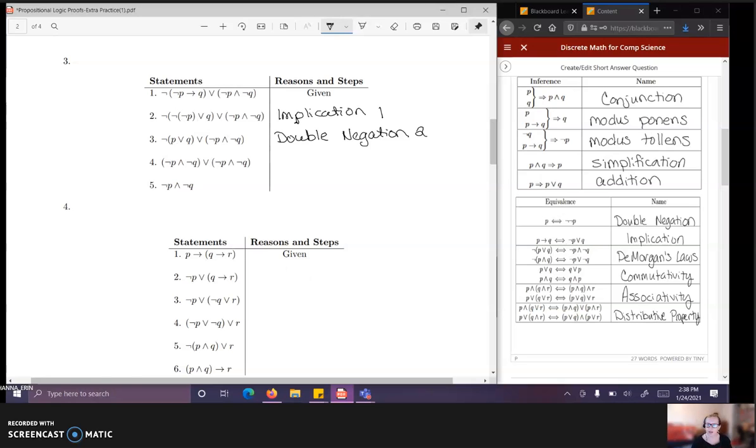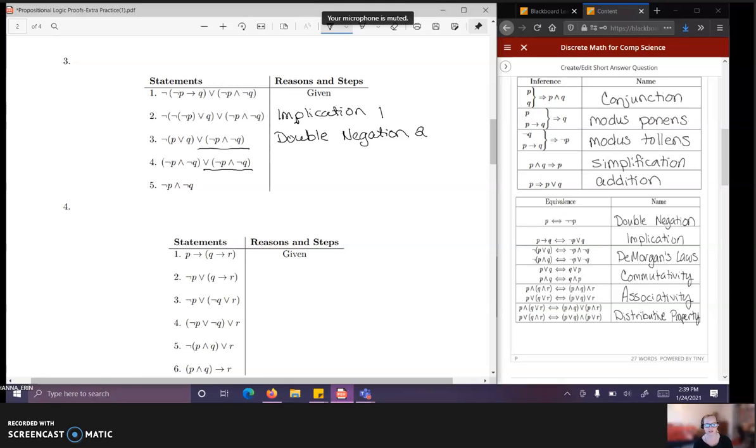From line 3 to line 4, what is the difference? Again, that back piece still hasn't been affected at all. It just stayed the same. But what's happened now is that the not that was originally in the front seems to have been pushed through, if you will. That P or Q suddenly becomes not P and not Q. So if we look over at our rules for something that changes an or to an and and moves around negations, the only thing that does that for us is De Morgan's laws.